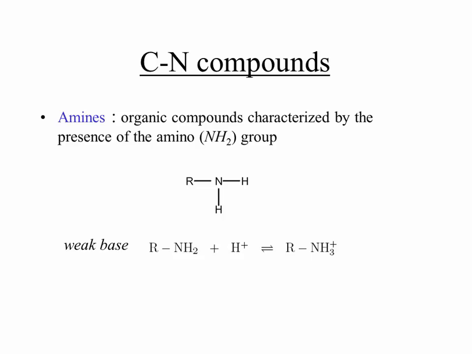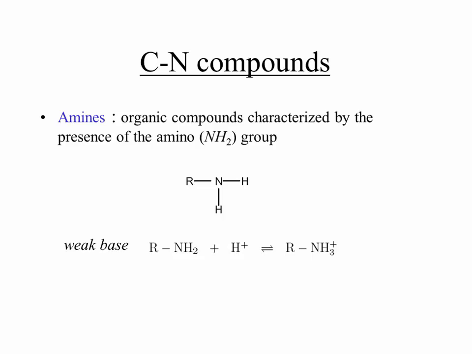Next, we move on to compounds that contain carbon and nitrogen. One set of such compounds are what are called amines. Amines are organic compounds that are characterized by the presence of the amino group. So ammonia is NH3. You take away a hydrogen atom from ammonia, and you have the amino group, NH2. That can react with some other organic group, like let's say R, it could be methyl group, ethyl, whatever.